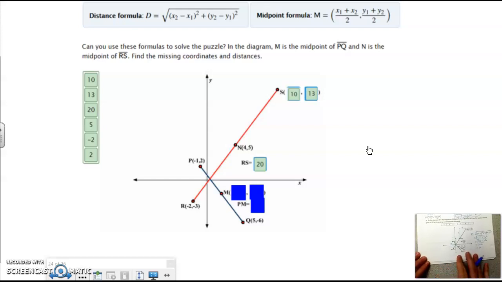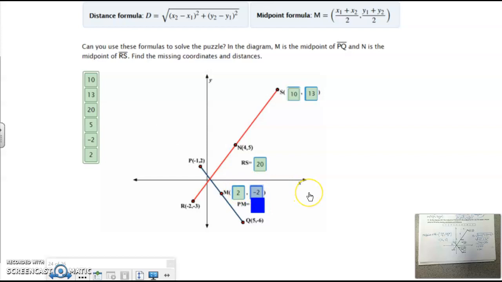So midpoint of PQ, and that's add your x's together, so negative 1 plus 5 over 2, and then 2 plus negative 6 over 2. And so this gives you 4 divided by 2, which is 2. And this gives you negative 4 divided by 2, which is negative 2. So this point here is 2, negative 2.